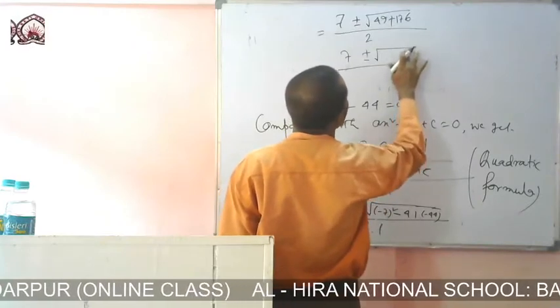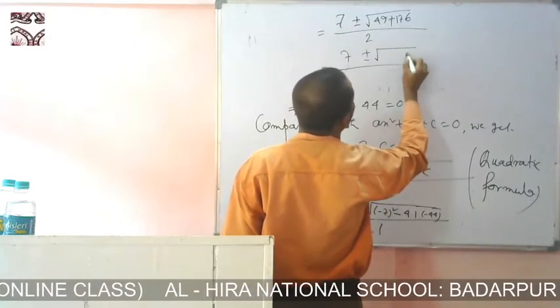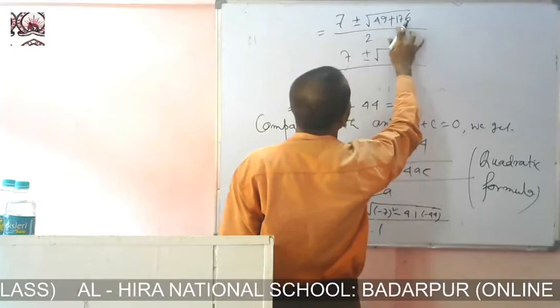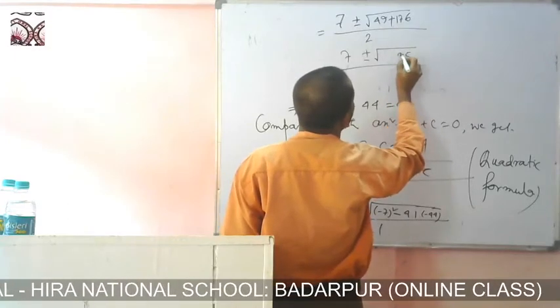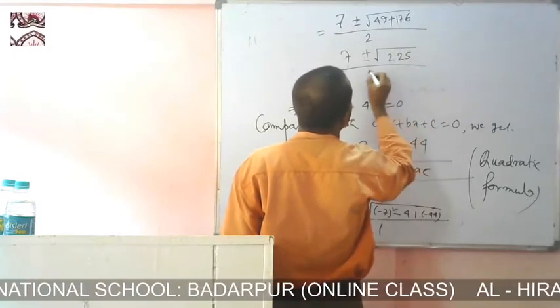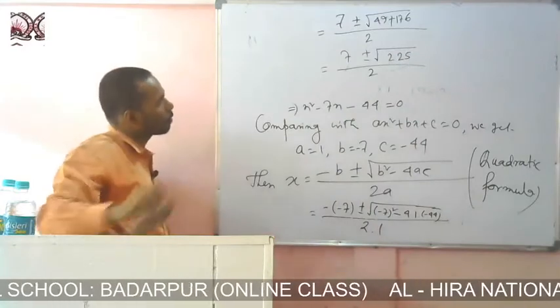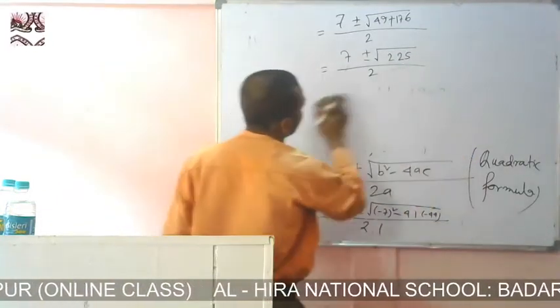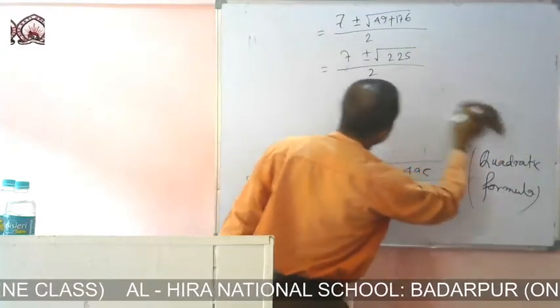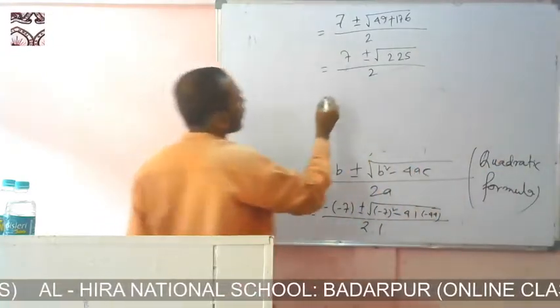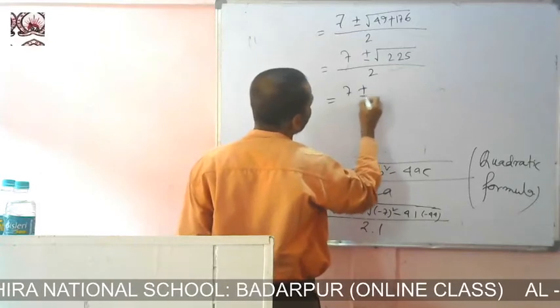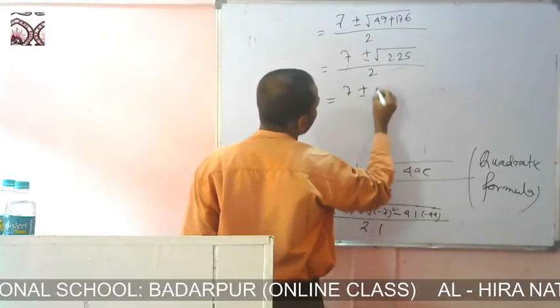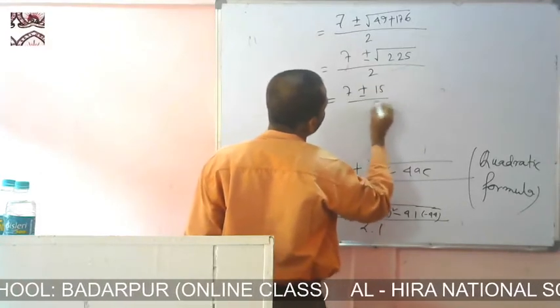Then 7 plus minus square root of 225, which is 15, by 2.